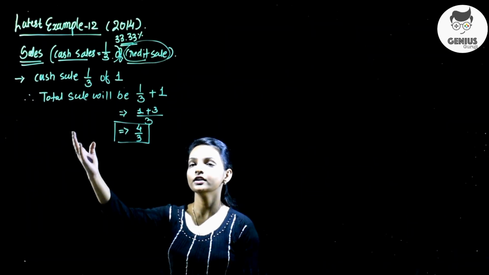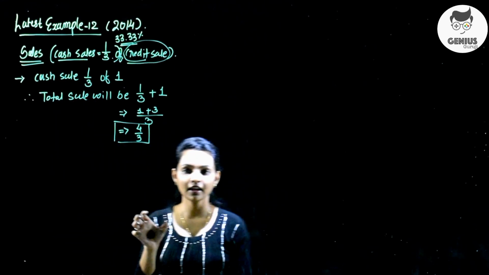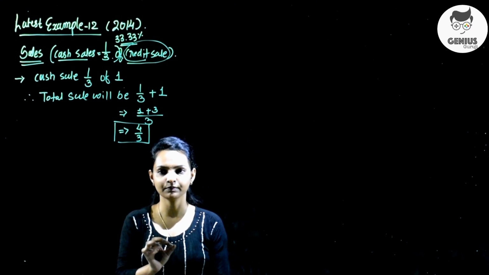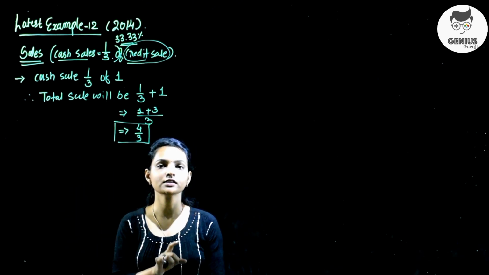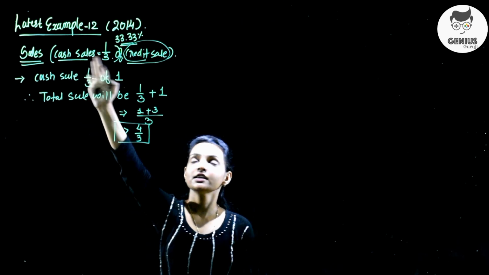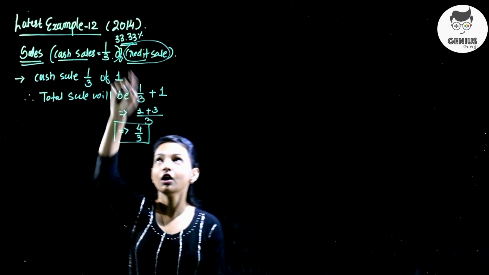So what we have done, they are giving us the information about sale, and they are saying that your cash sale is 33% of credit sale. Okay, this is the most important adjustment in every sum they are asking. So please notice that cash sale is 1/3, or you can say 33.33, of credit sale.